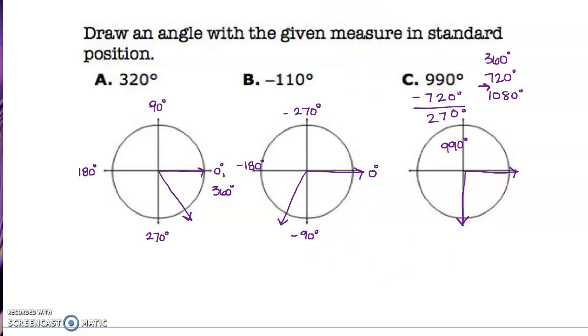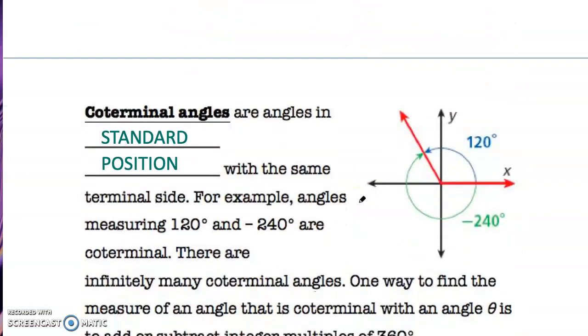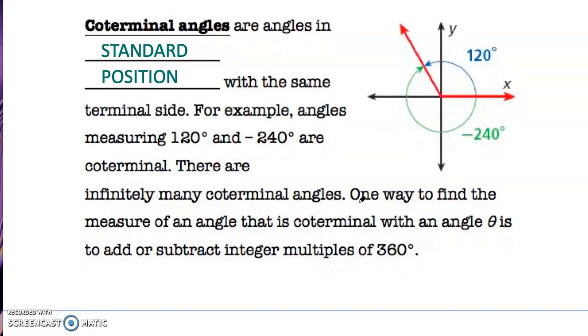Our 990-degree angle looks the same as a 270-degree angle if I had just rotated that way in standard position. This is what we refer to as coterminal angles. So co, with, terminal, ending, angles. So they're together where they end. So in standard position, two angles would be coterminal if they're stopping at the same place.